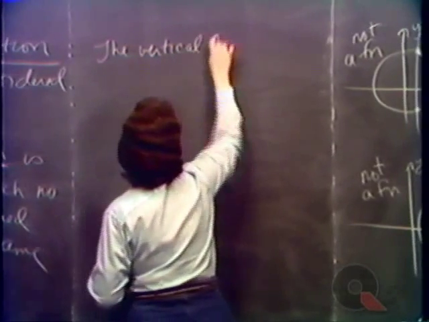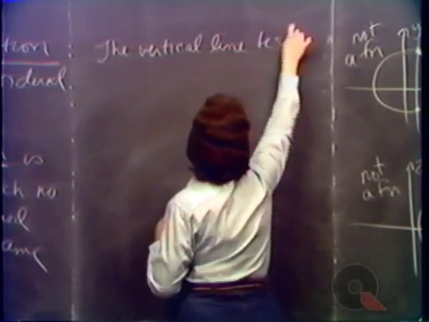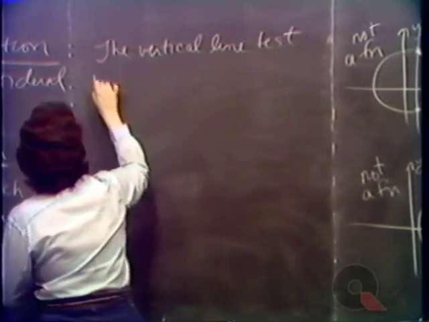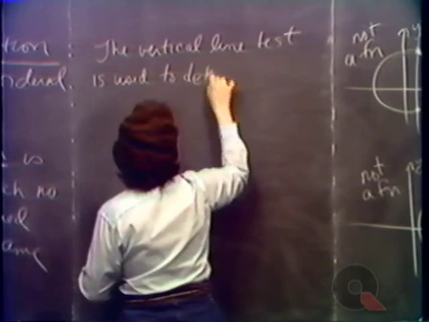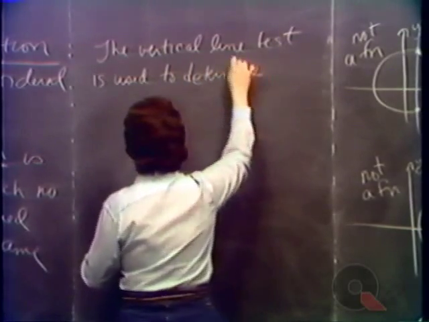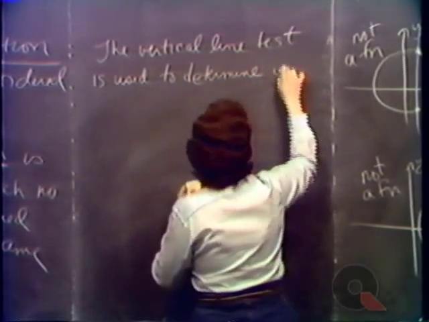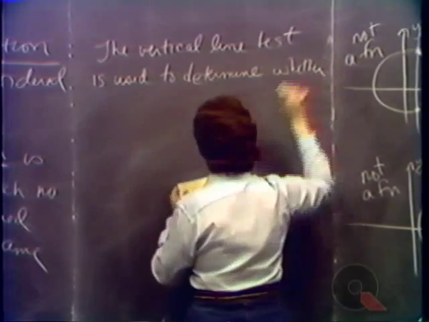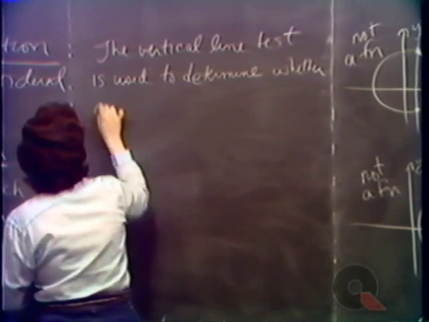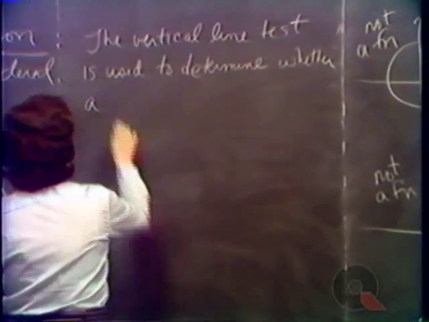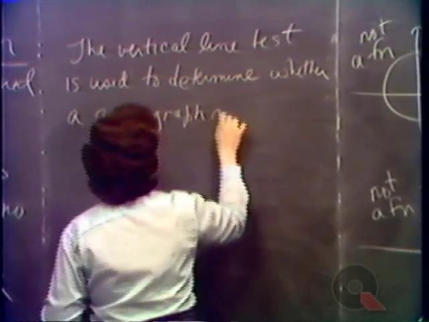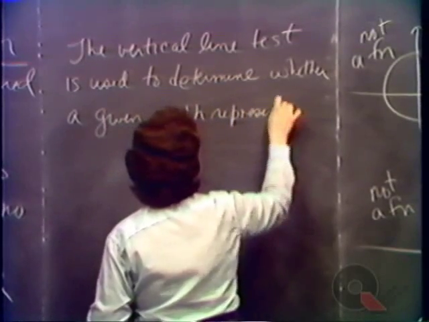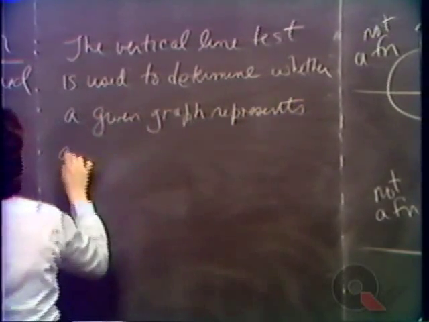The vertical line test is used to determine whether a given graph represents a function.